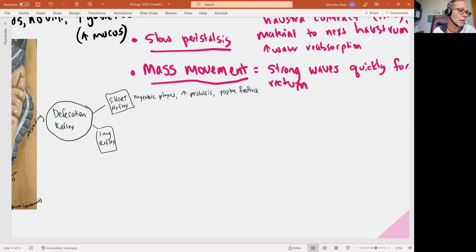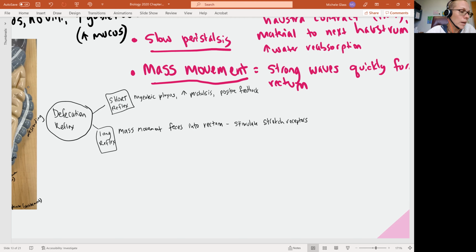When we look at the long reflex, what we're going to see here is you're getting that mass movement of feces into the rectum. And the rectum is really like the last 10 centimeters of the large intestine. And this is going to stimulate stretch receptors, as we've already said.